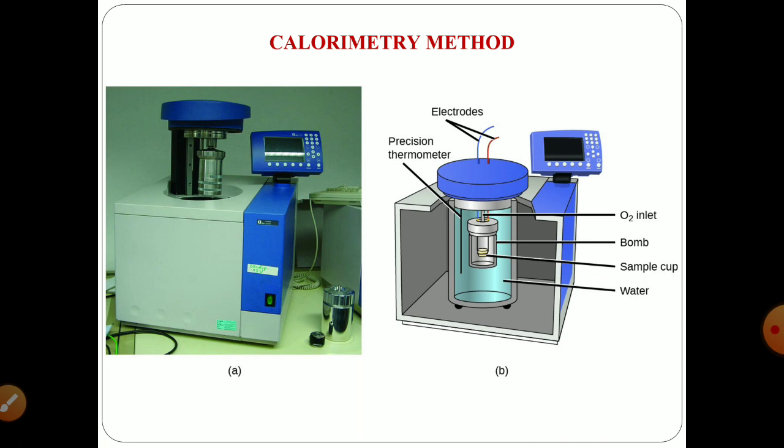The isothermal titration calorimetry is the regular acid base titration which is carried out in the calorimeter. The energy required to keep the temperature constant is measured in the process of calorimetry method. This method also calculates the dissociation constant directly from a measured enthalpy change, and this enthalpy change is denoted by delta H.